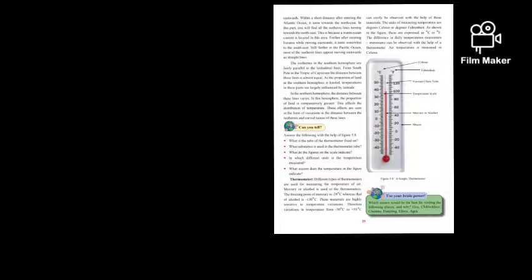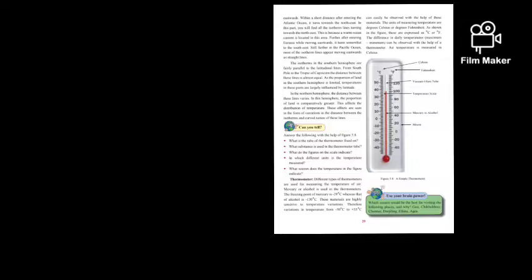I repeat again, C is known as Celsius, F Fahrenheit. Then center we have vacuum glass tube. Then there is a temperature scale on both the side. Okay, it is measured on left side, it is written in minus 40 degree, 30 degree, minus 30, minus 20, and right side 40, 20, minus 40, minus 20, then 0, 20, 40, 60, 80, 100 and 120.